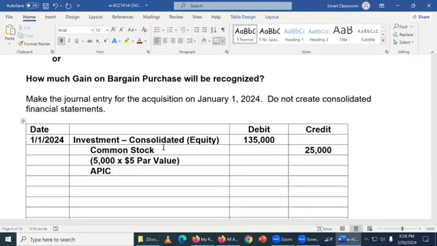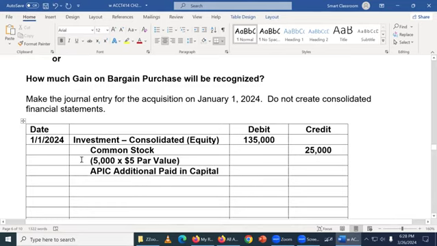APIC just stands for additional paid-in capital, so it's how much over the par value. So we will take 5,000 times the amount over the par value.